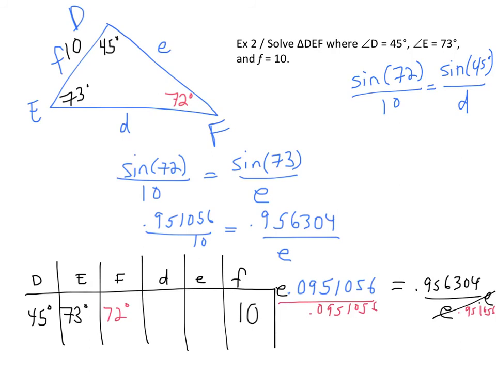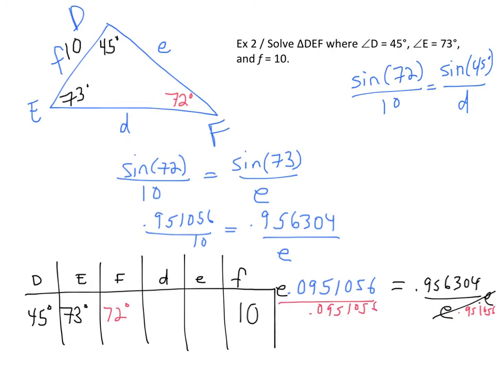I hope it doesn't throw you that I multiplied both sides by E to undo division by E, and then I divided both sides by 0.951056. It would be nicer if you showed this in 2 steps, and it would be cleaner and neater, but for space issues, I have not included it here.